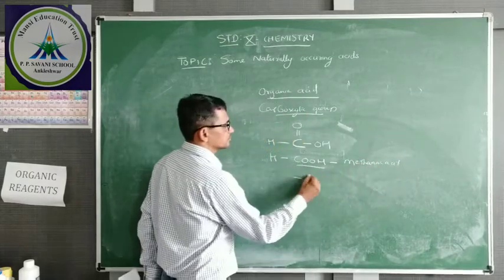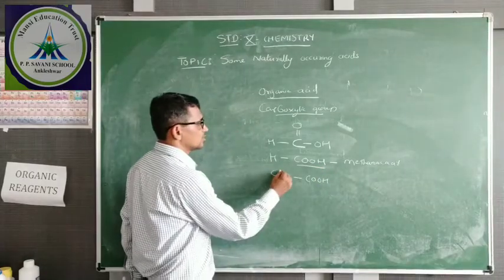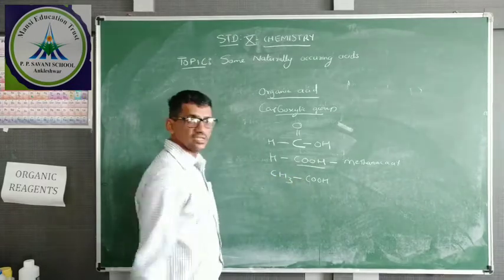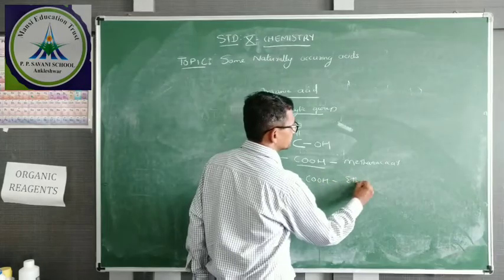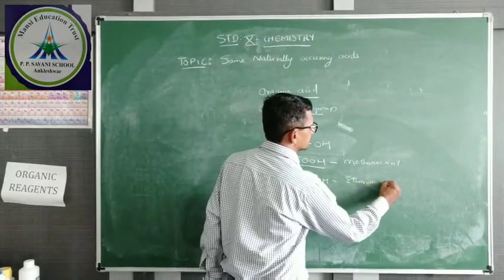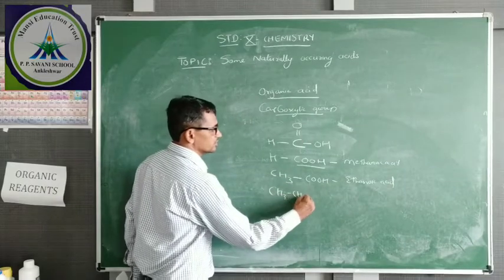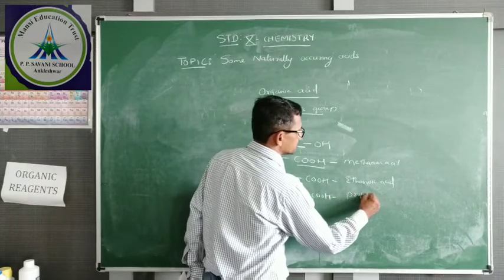If there are 2 carbons, the last carbon is COOH. The other carbon links with this, one link is used, so 3 links remain. So CH3COOH is ethanoic acid. Next, CH3CH2COOH is propanoic acid.